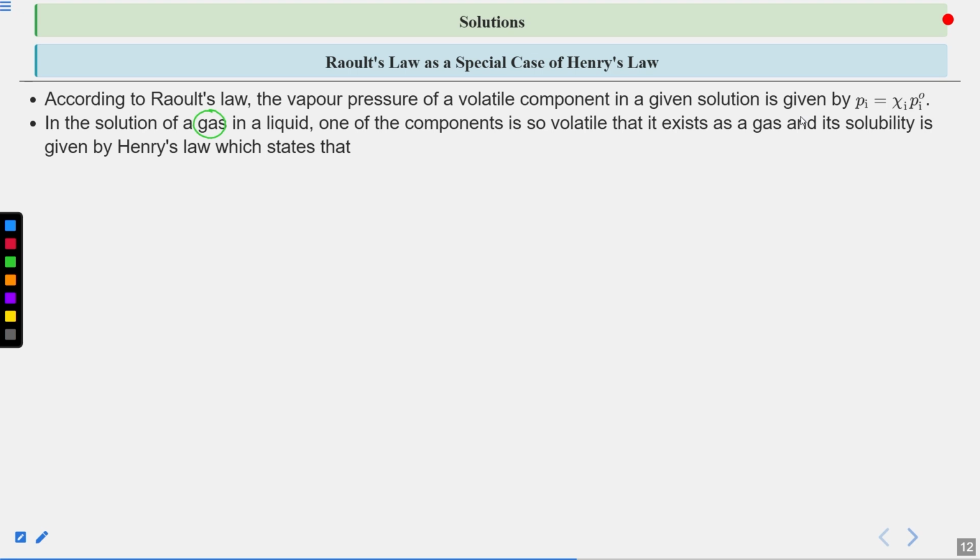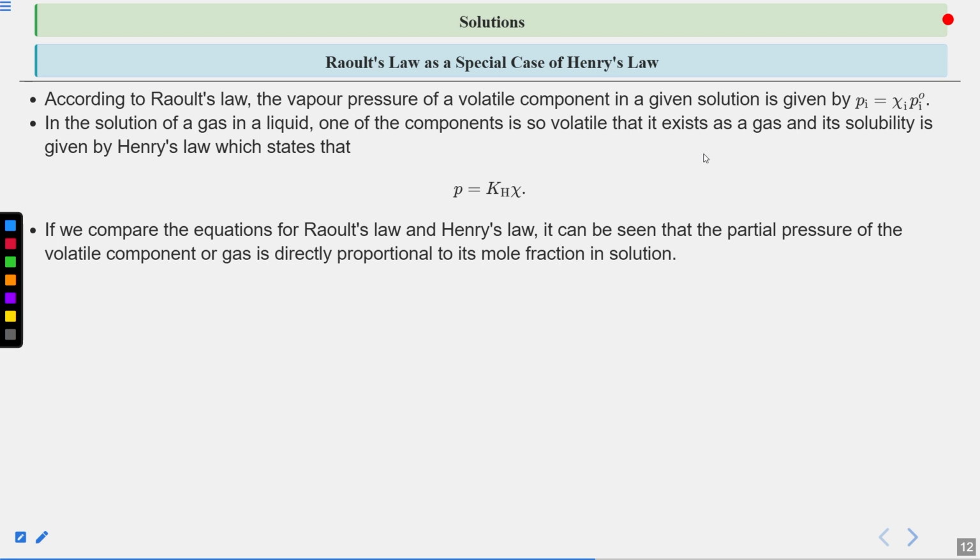It says that the solubility can be given as P equals Kh chi, where chi is the mole fraction of the gas in the liquid, P is the pressure of the gas, and Kh is the Henry constant. Now look at these two equations, which are of Raoult's law and Henry's law respectively.